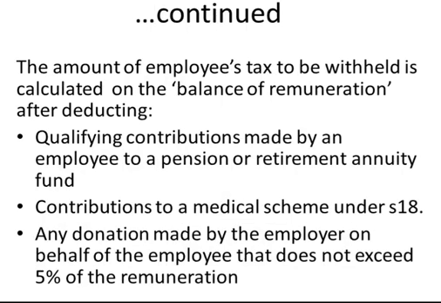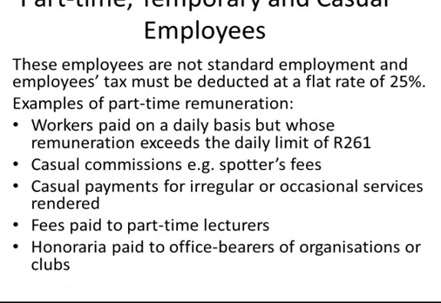Our PAYE is calculated on the employee's balance of remuneration, which is the amount he actually earns after deducting any qualifying contributions made to a pension or retirement annuity fund, a medical scheme, and any donations made.